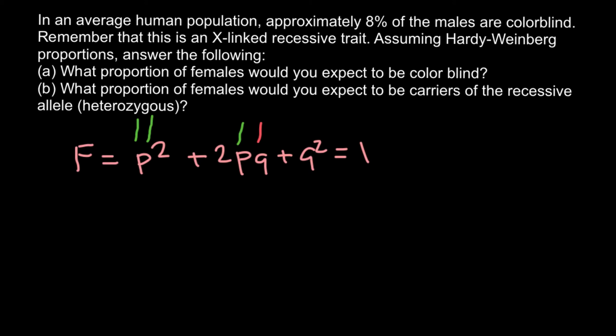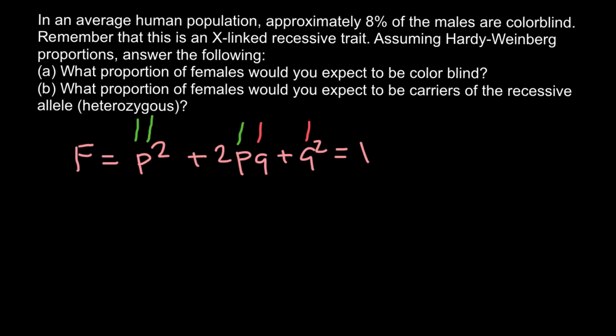And q squared stands for the chromosome that is going to be defective, and no other chromosome, because in this variant we would see affected males, and males have only one X chromosome. The other sex chromosome would be the Y chromosome. So this is a tricky problem.